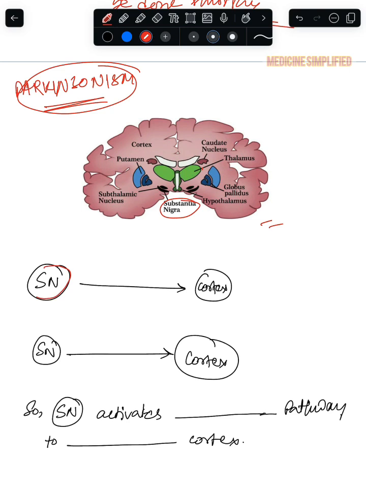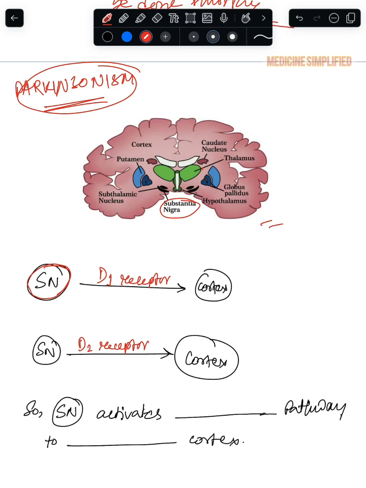The substantia nigra is connected to the cortex via two kinds of receptors: dopamine 1 receptor and dopamine 2 receptor.